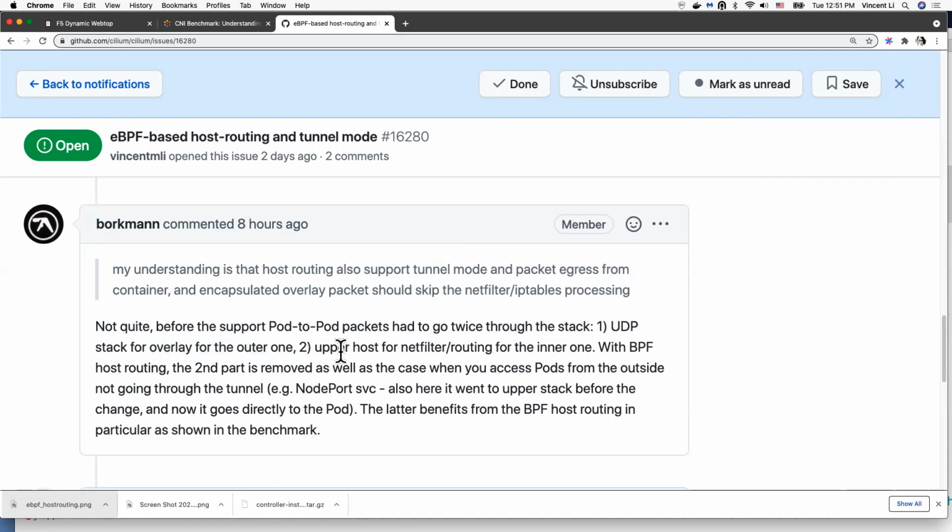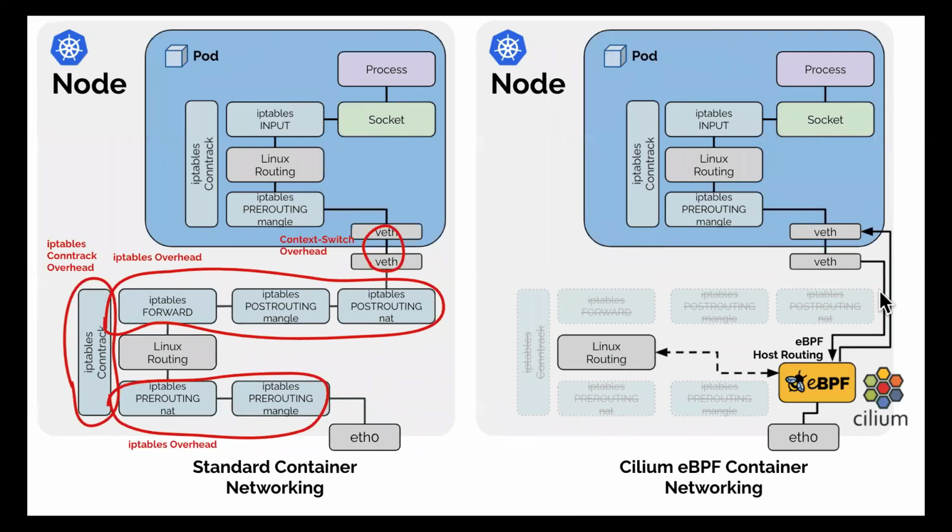The optimization is for the inner packet. No more netfilter processing. So it's good to get that cleared.